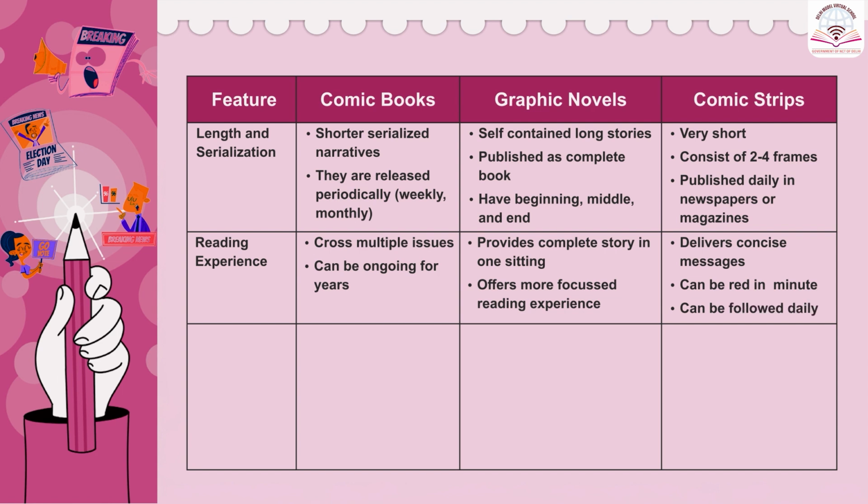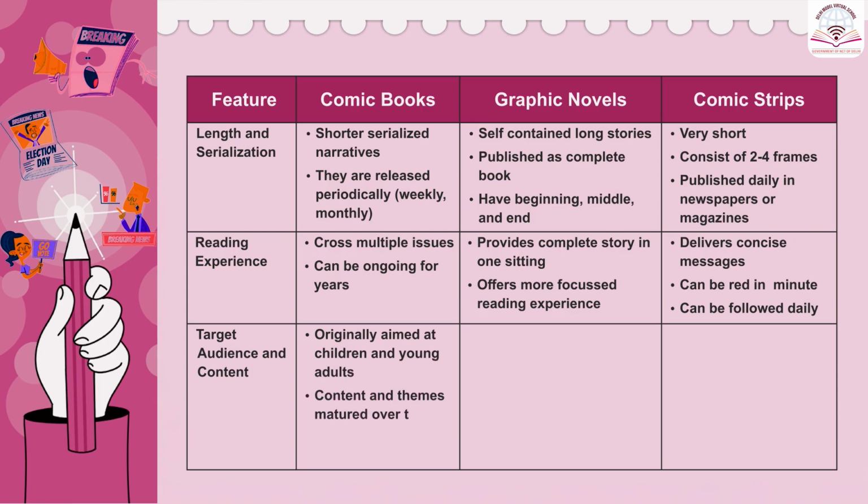The third parameter is target audience and content. Comic books are originally aimed at children and young adults. Content and themes matured over time. Superheroes became the dominant genre. In graphic novels, they target a wider audience, including adults.